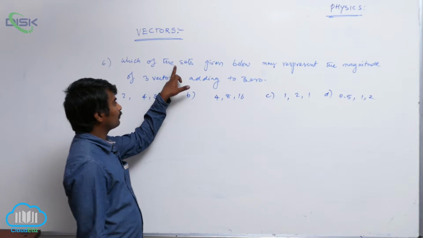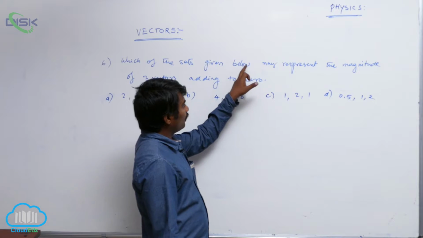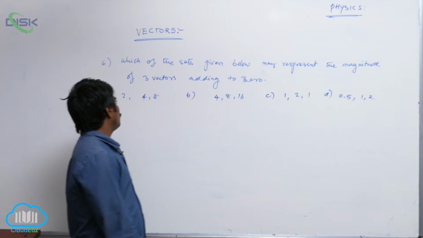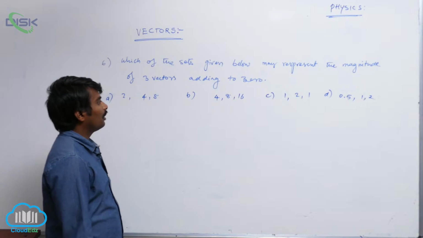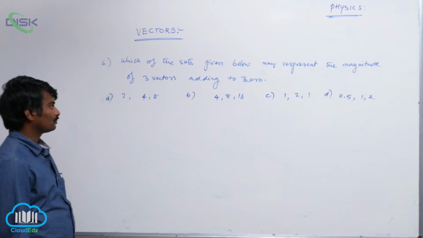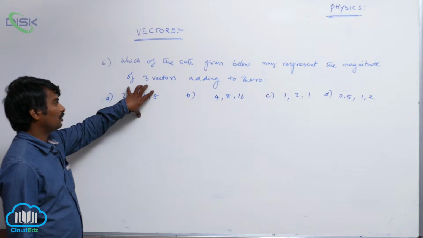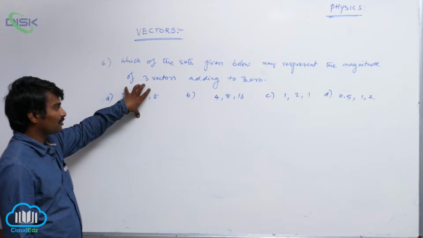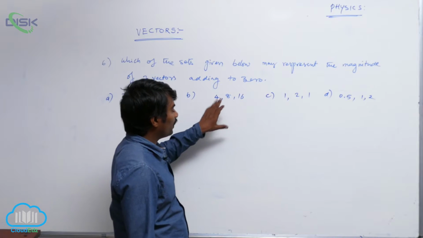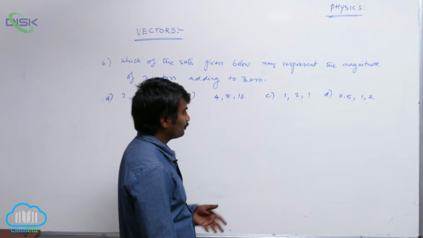Which of the sets of vectors given below may represent the magnitudes of three vectors adding to 0? That means whether these sets of three vectors, if I add them, will I get a 0 value, whether the possibility is there or not.